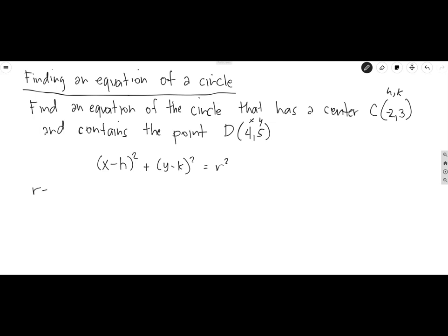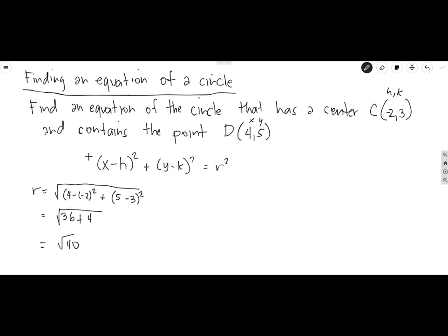So r equals the square root of (x minus h) squared plus (y minus k) squared. That is 4 minus negative 2, squared, plus 5 minus 3, squared, to find the value of r. Since 4 minus negative 2 is 6, 6 squared is 36, plus 4, so r equals the square root of 40.